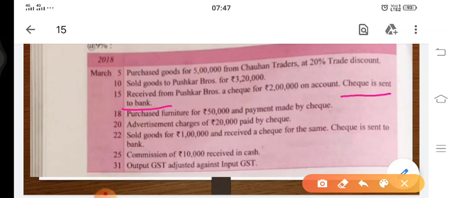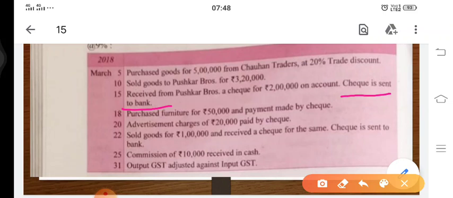Unless and until you send the cheque to the bank, you cannot receive that amount into your bank account. And that is why we should always remember that if a cheque is sent to bank, it simply means that it is sent to bank and got collected. But if a cheque is not sent to bank, it means that we just have the cheque in our hand.